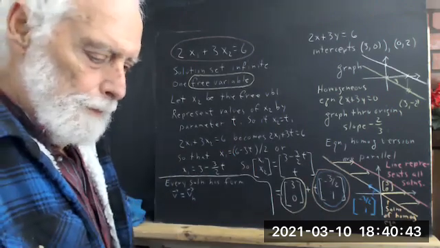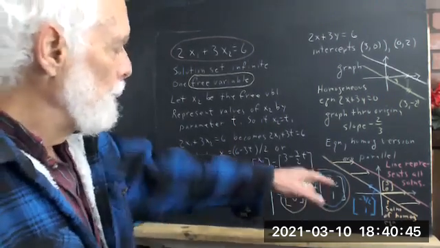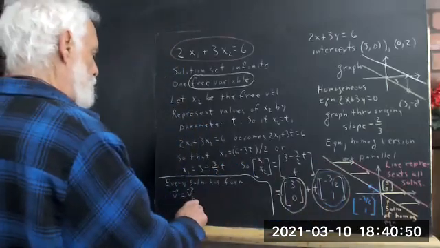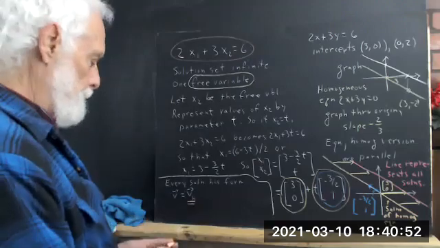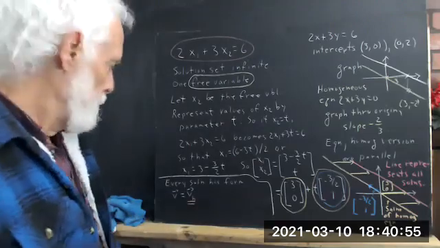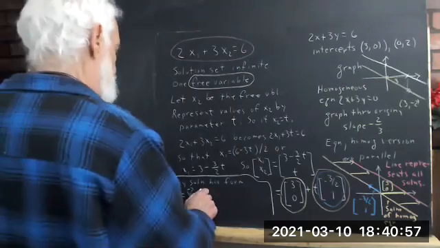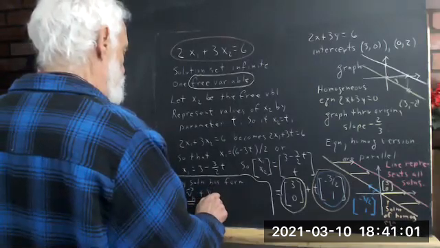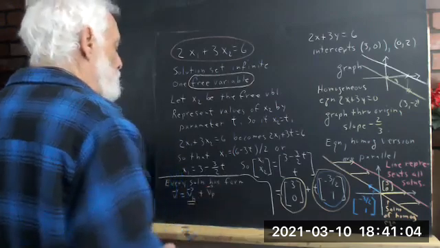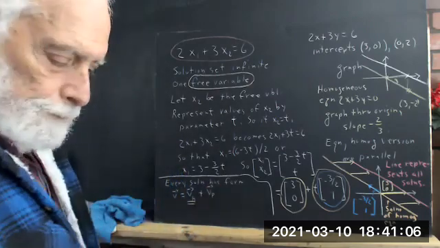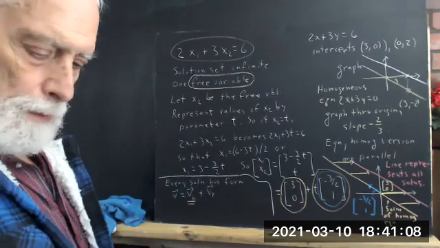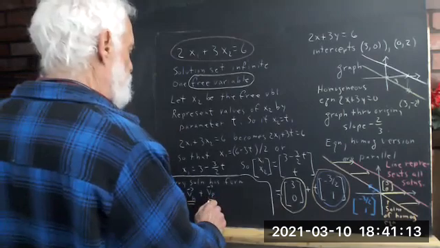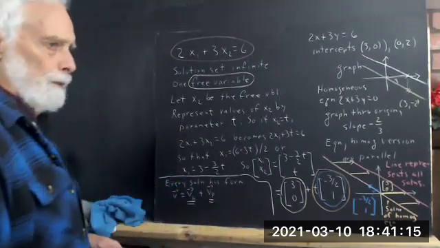And those are the vectors whose ends lie on this line. I'll kind of underline that in orange. And then plus, we're going to call this v sub P. And I'll give you a little explanation on that. Okay, this v sub P, what we call a particular solution.